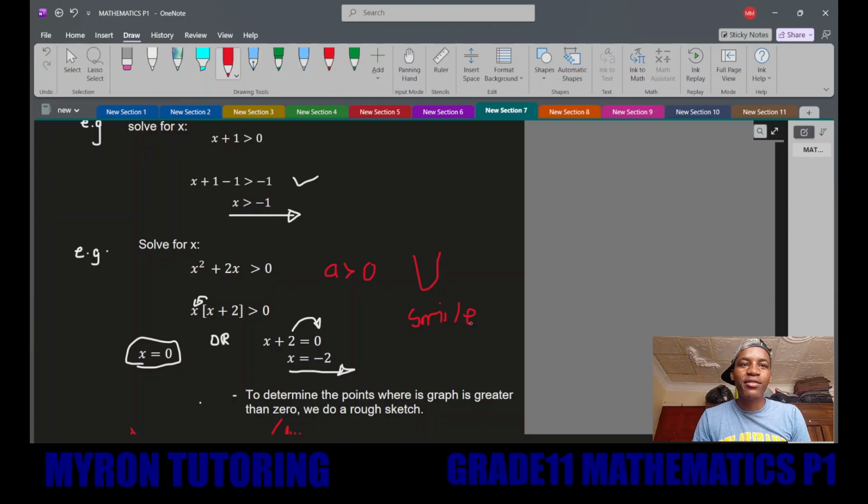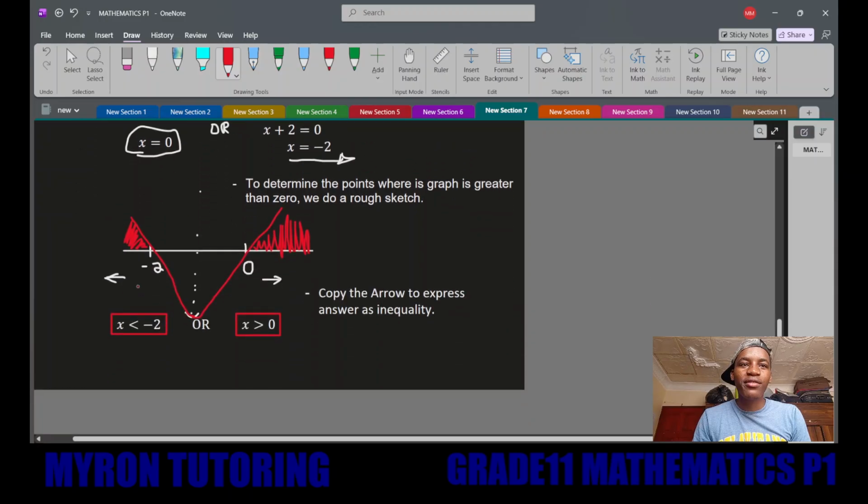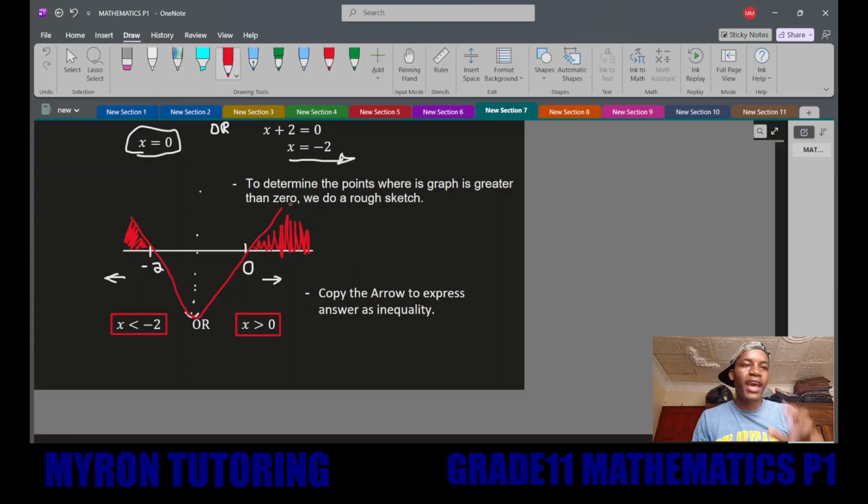So we can come to this side and sketch the graph so that we can see where it is greater than 0. It's greater than 0 at the numbers which come after -2, because when we go to the left-hand side of the negative numbers, we are descending, and when we go to the right of the 0, we are ascending.